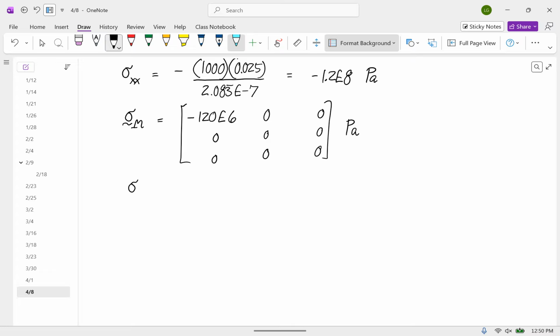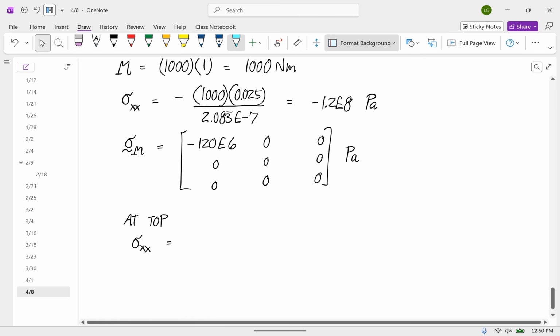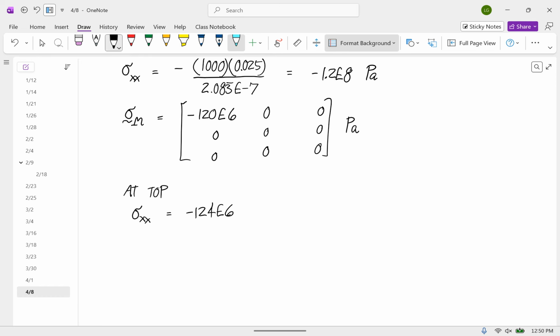Right now we know that at the top, the XX normal stress is equal to, we had minus 4 for one, minus 120 for the other. So this is minus 124 times 10 to the 6 pascals.